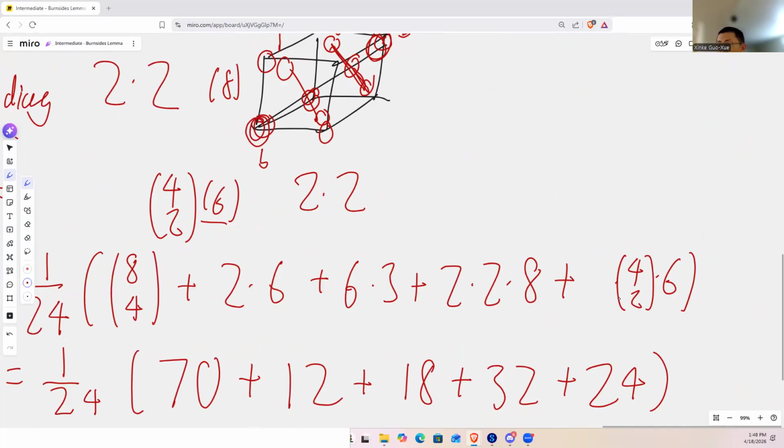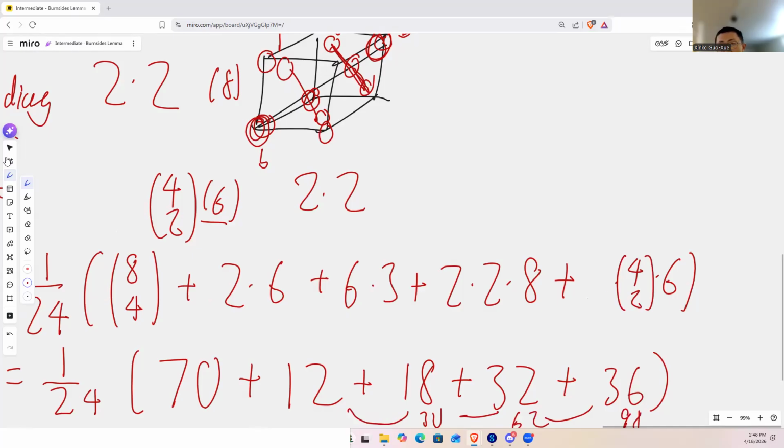It's probably a bit better to leave some of these as binomial coefficients. Okay, so this makes 30. This makes 62. 36 plus 62 is 98.